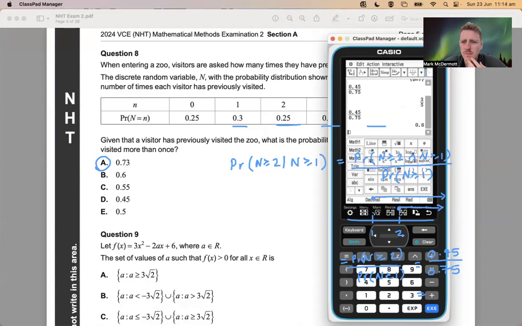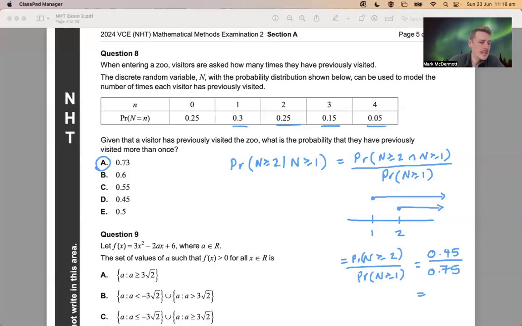Let me have a think. I thought that when I did it previously, I got A as the answer, but given this logic, and I can't see why it's wrong, I reckon the answer is 0.6, so I've changed my mind. Let me know what you think. Okay, next question.